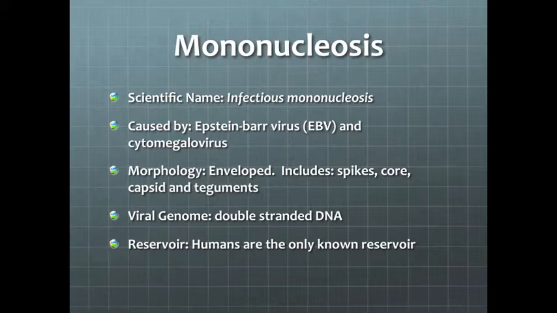The morphology is that this virus is enveloped. It also includes spikes, a core, capsid, and teguments. In the following slide, we'll show you a closer picture of the EBV virus. The viral genome is double-stranded DNA, and the reservoir is humans. Humans are the only known reservoir.